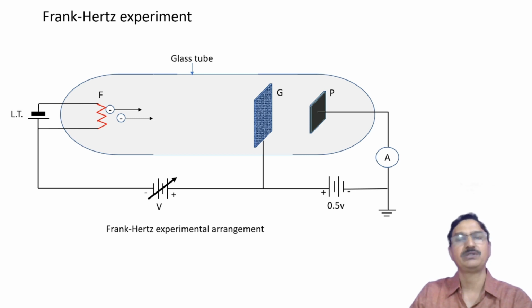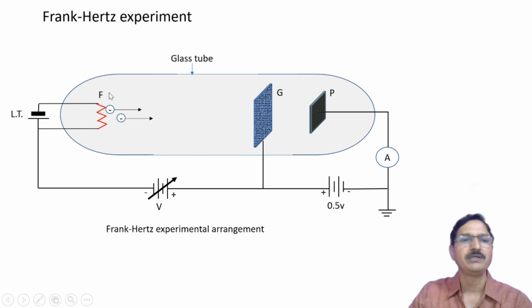To support this statement of Bohr's atom, or to give the experimental proof for the discrete energy levels, the Franck and Hertz experiment was carried out. So this represents the Franck and Hertz experimental arrangement.